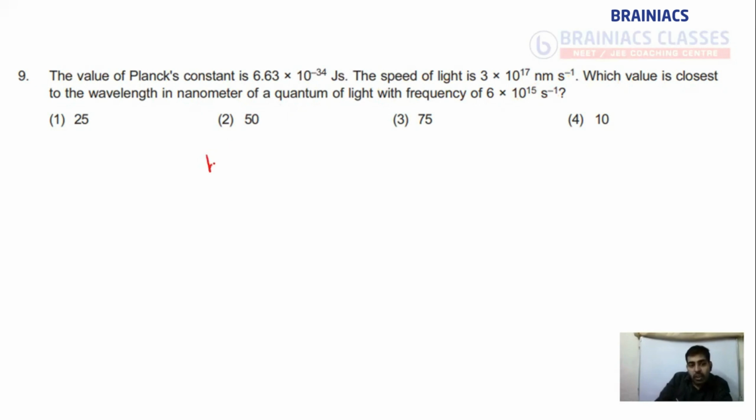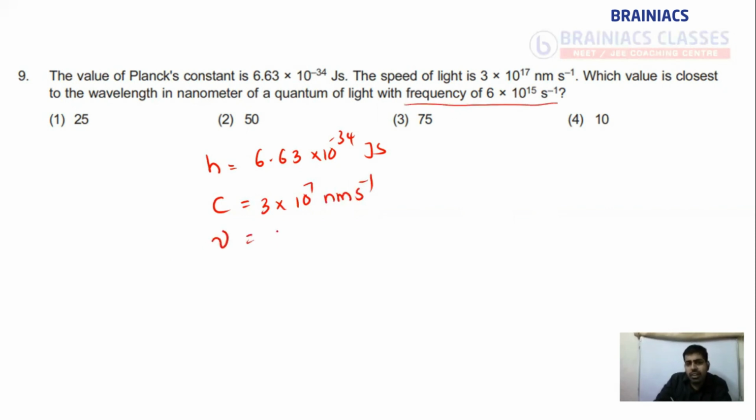Okay, now here h value is given, 6.63 into 10 raised to minus 34 joules second. Velocity of light is given in nanometer, that is 3 into 10 raised to 17 nanometer per second. And frequency of light is given, 6 into 10 raised to 15 second inverse, right?